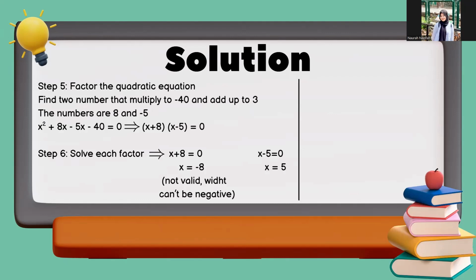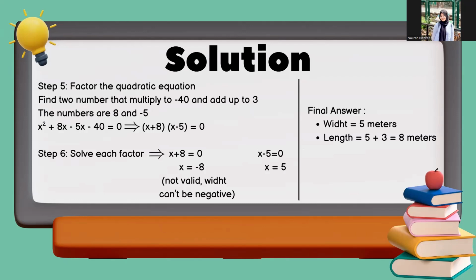Step 6: solve each factor. x plus 8 equals 0, so x equals negative 8, and x minus 5 equals 0, then x equals 5. x equals negative 8 is not valid because width cannot be negative, so we take x equals 5.